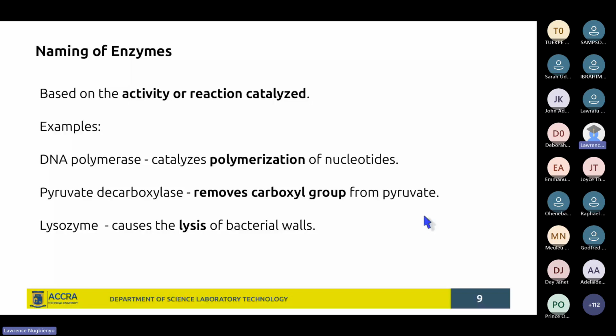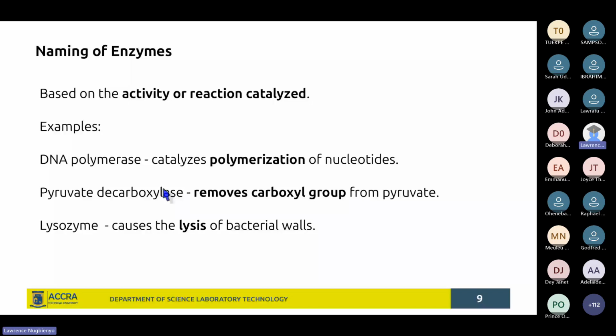But of course, this is just to tell you that once you see the name carboxylase, again, you see ase being added to the process. So this time around, it's not the substrate, but the process. And so when you see pyruvate decarboxylase, it means there's a removal of carboxyl group from pyruvate. That's why you have the name of the enzyme that way.